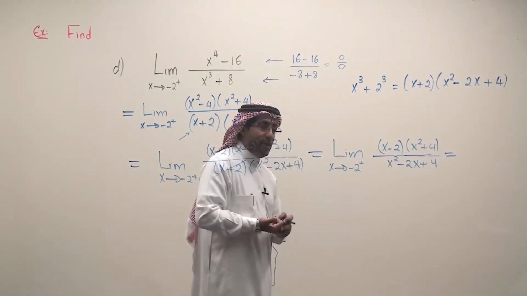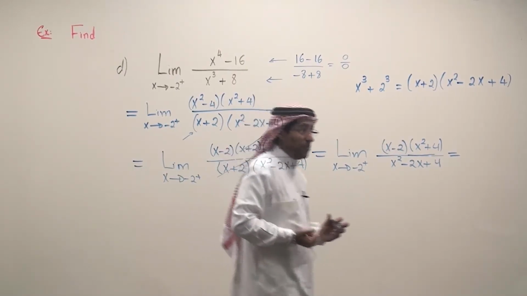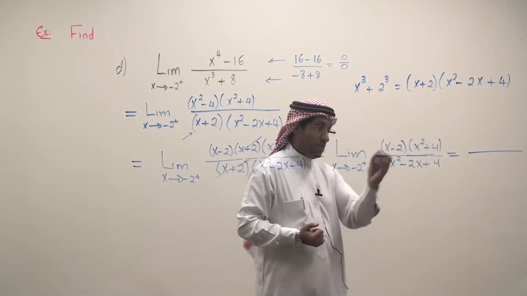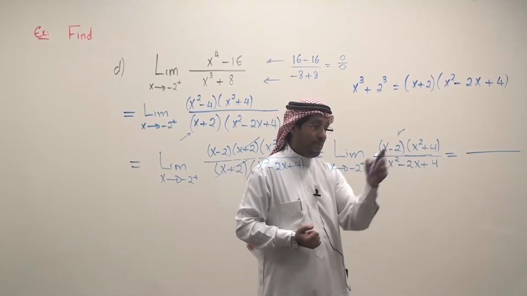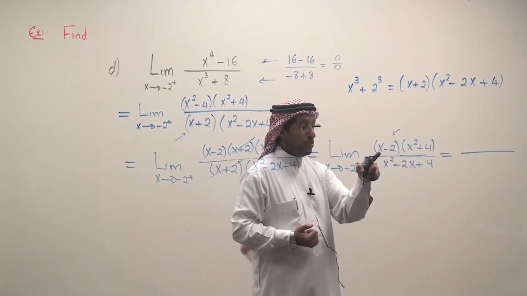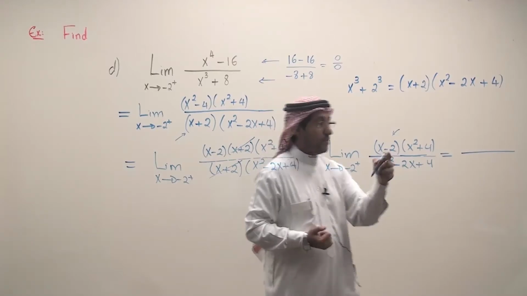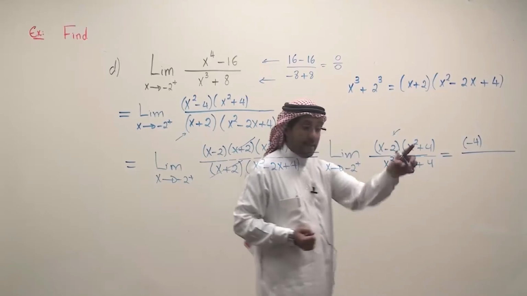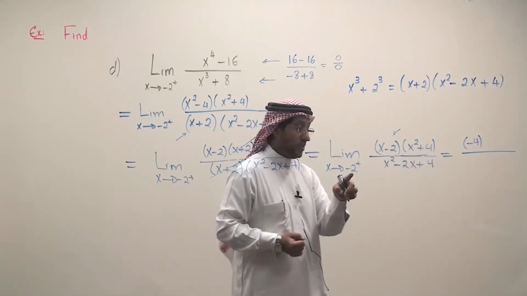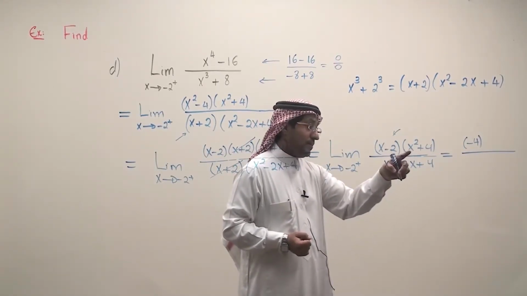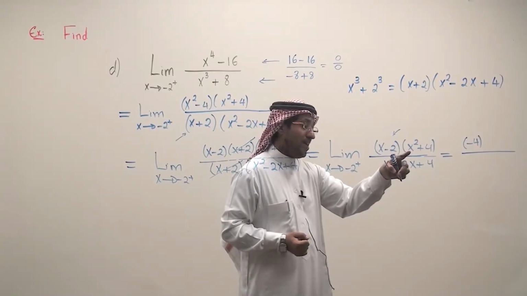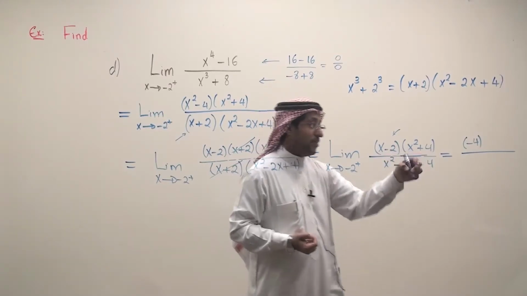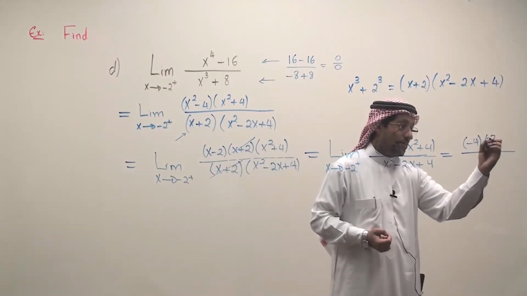Here, when x goes to negative 2, you will observe that the numerator is getting to what? It will be negative 2 and another negative 2, that is negative 4. And this guy here, when x goes to negative 2 from the right, it will be negative 2 squared, so this will get closer to 4 plus another 4, that is 8.